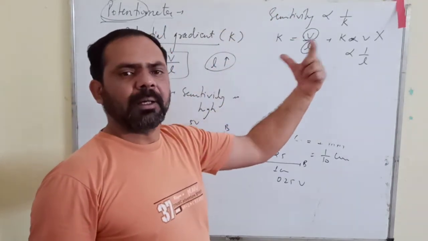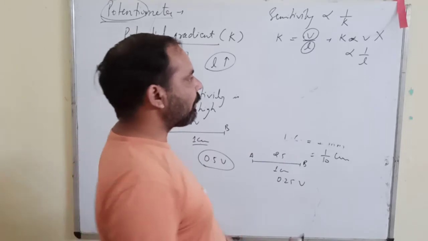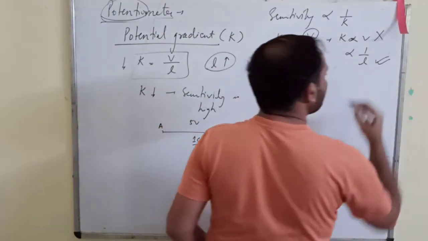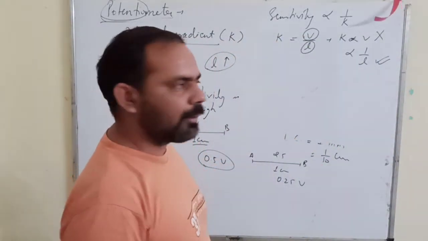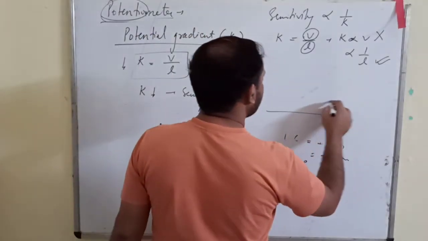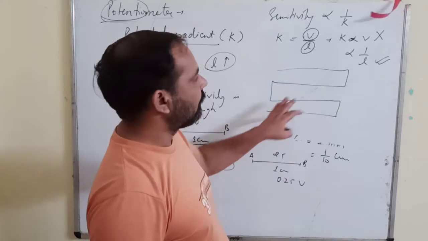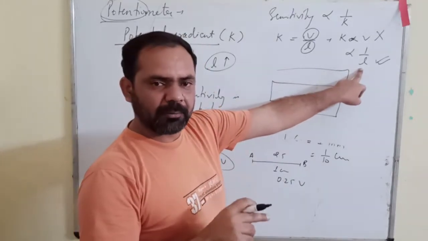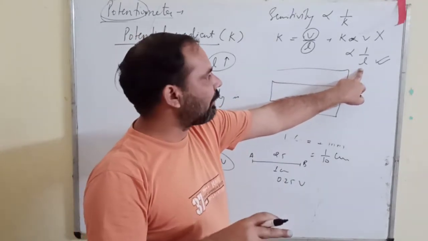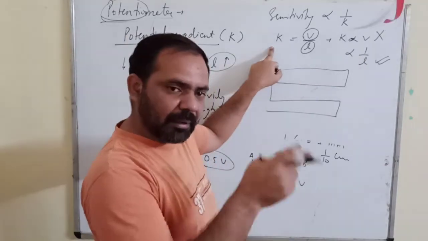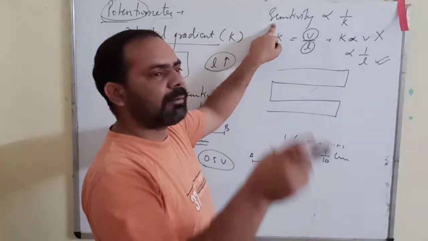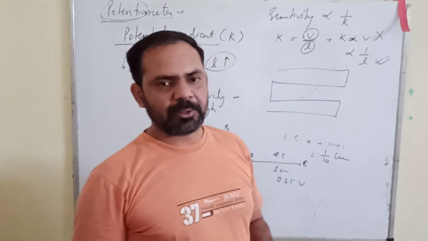So we increase the value of L, and that is why we have used a 10 meter long wire, so that we can increase L and hence decrease K and hence increase the sensitivity of the potentiometer.